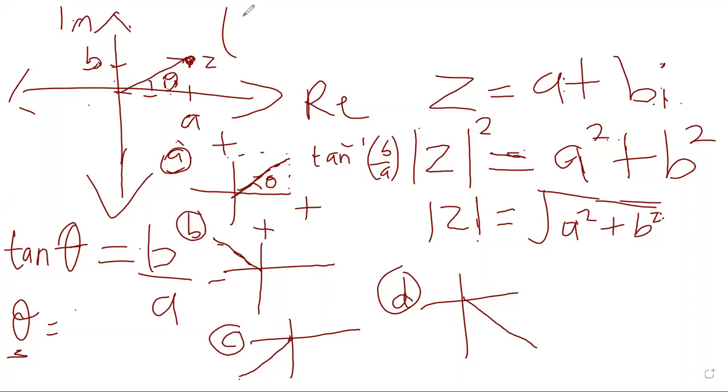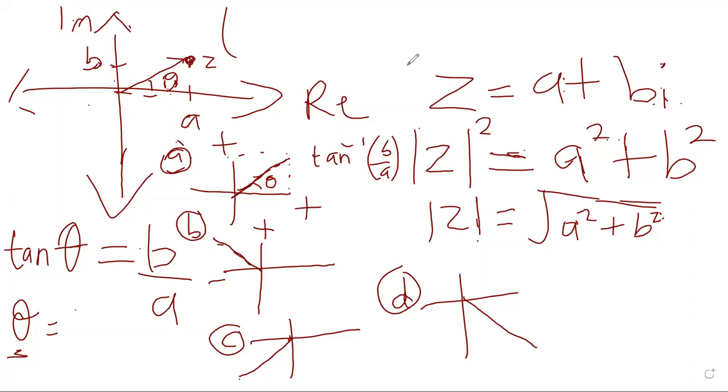Now take note of something. The angle that the arctan, or the tan inverse, gives you is the angle with respect to the horizontal.